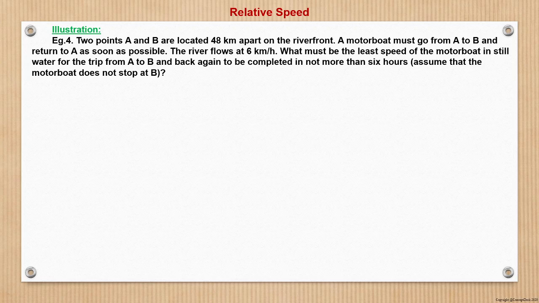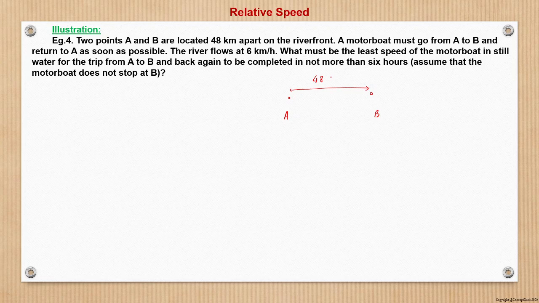Right. So this is now a case of average speed that we have seen. Actually, we have seen a full session on average speed, but here we just look at it from the perspective of boats and rivers. So see here, we'll first try to draw pictorially. There is a point A and point B which are located 48 kilometers apart.